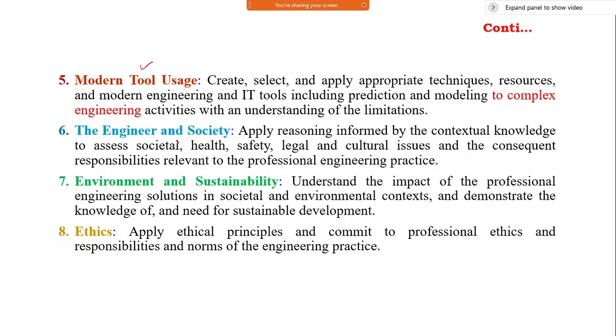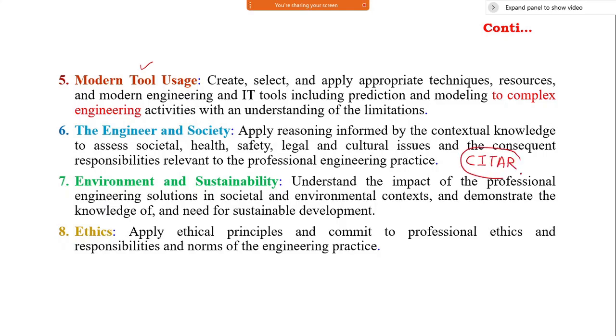The sixth PO connects students to the society, whether we are implementing some extracurricular activities, an NSS camp or something, and whether the students are attending and applying their engineering knowledge. For that purpose, I would like to give one simple example of engineers and society: Sitara.